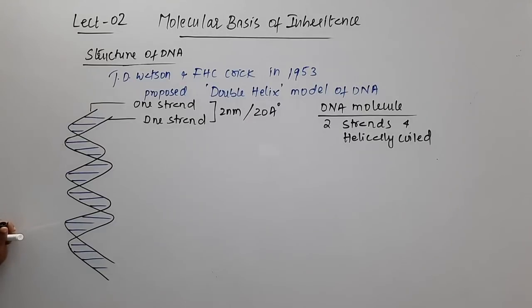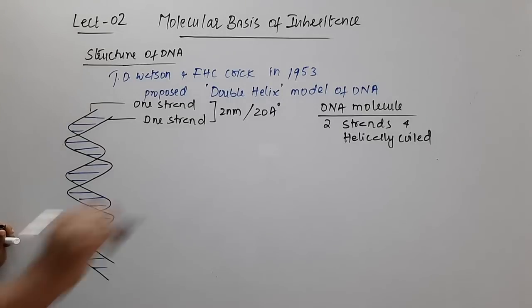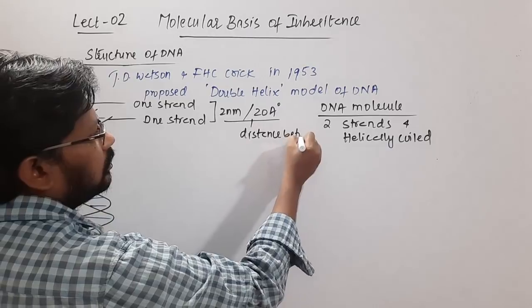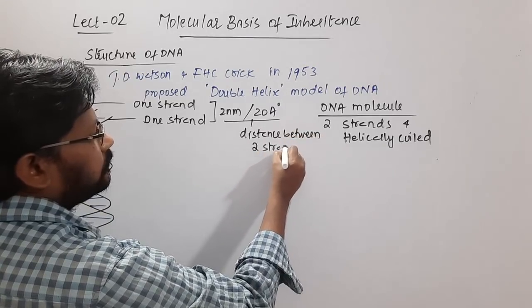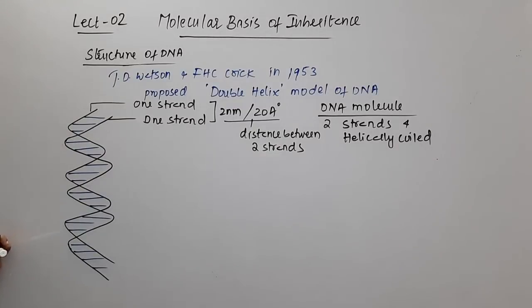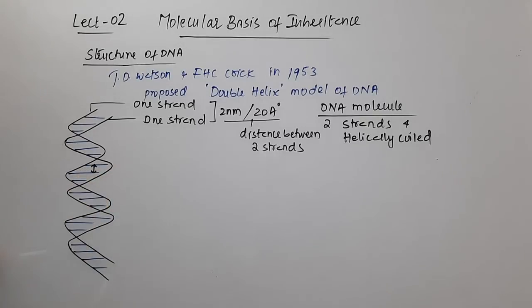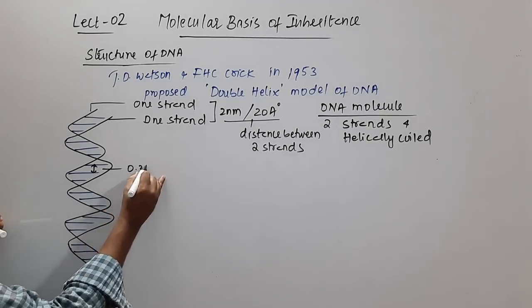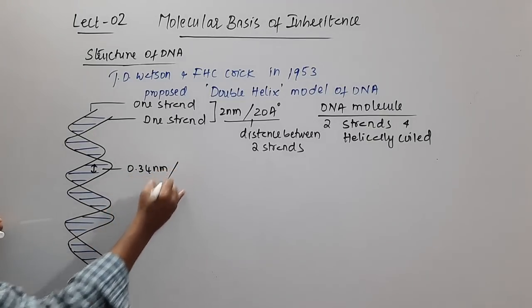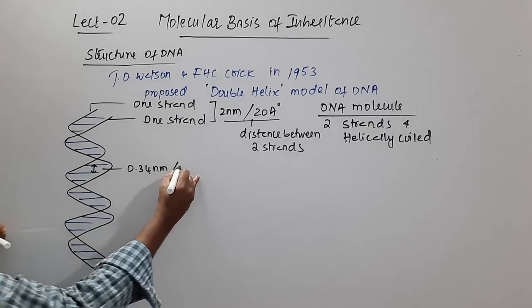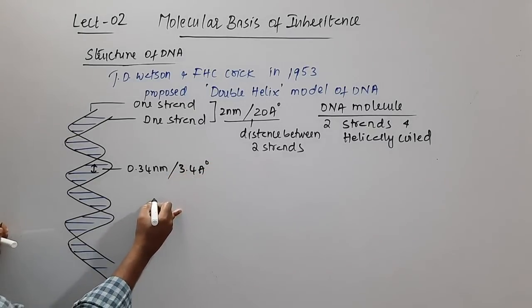So 2 nanometers or 20 angstroms is the distance between two strands, right? And next, the distance between two base pairs will be 0.34 nanometers, or in angstroms, 3.4 angstroms, right?